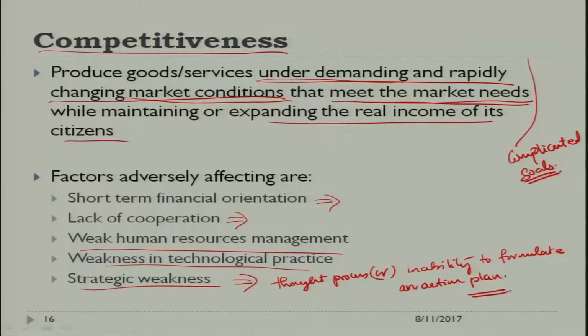So, strategically some of the leadership might not be able to even address competitiveness. They will say, okay, I will sacrifice sustainability for competitiveness. Not necessarily. What we are talking about here is being competitive and sustainable at the same time.